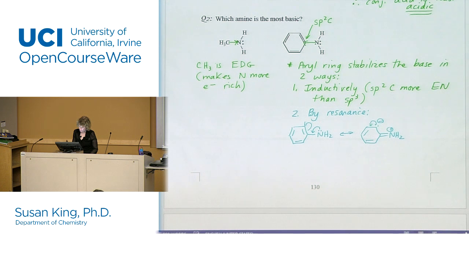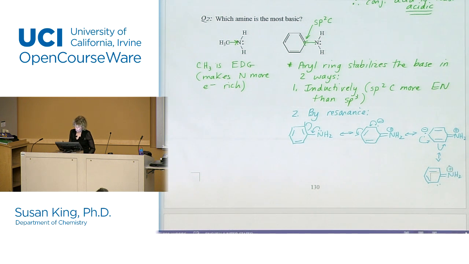Okay, and we can go here. So remember all those resonance structures we drew in chapter 18. That's why I want you to go back and review some of that, so you make sure that you're up to speed here, because it's been a while since we've had that. And it looks like we can draw one more. So let's draw one more resonance structure. We don't have any of this sort of delocalization in the first example for methylamine.